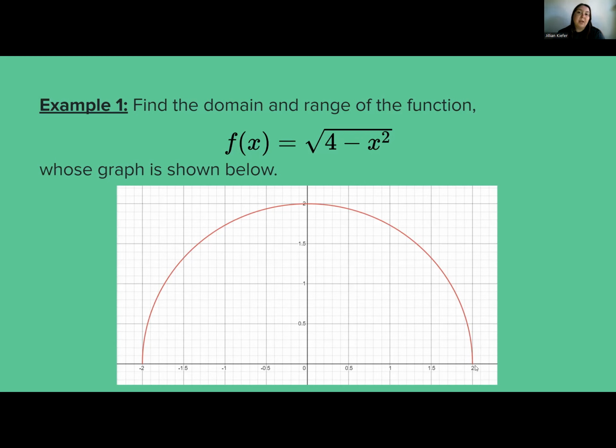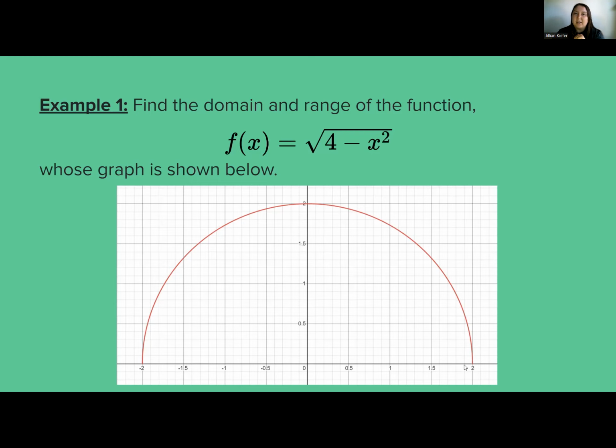So our domain covers all values from -2 to 2. There weren't any holes or open circles in our graph, and it does end at -2 and 2, so it's defined at -2 and 2. We're including -2 and 2 in this case. So our domain would have square brackets and go from -2 to +2.